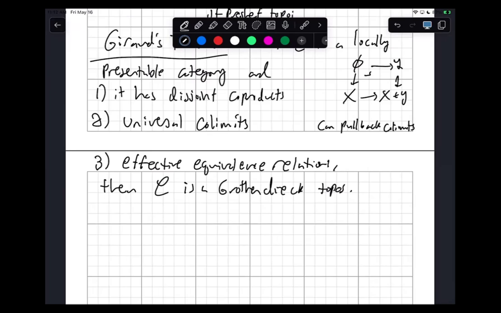And there's just one last thing I want to say, which is that you can repackage all of this into another statement, and that other statement is called weak descent. So what do I mean by that?